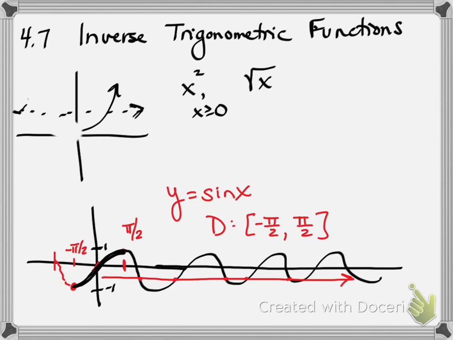And it passes the horizontal line test. So we restrict the domain to negative pi over 2 to positive pi over 2, which means on the unit circle, we're only looking at these two quadrants for our angles. So we restrict it from negative pi over 2 to 0, and from 0 to positive pi over 2.